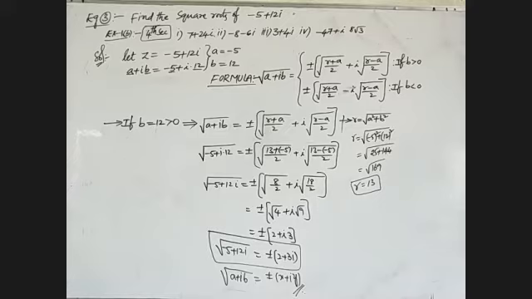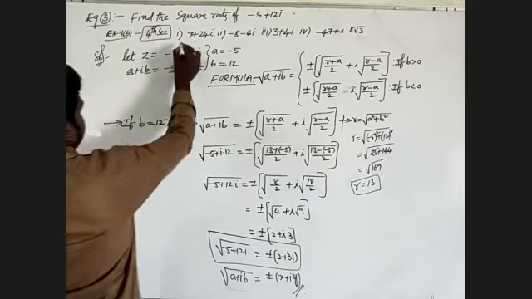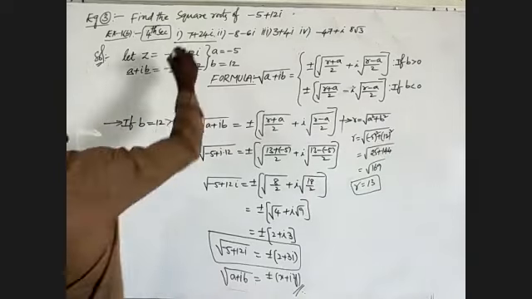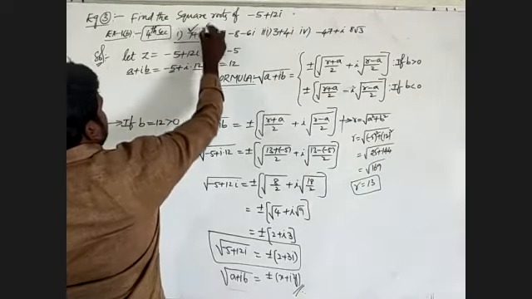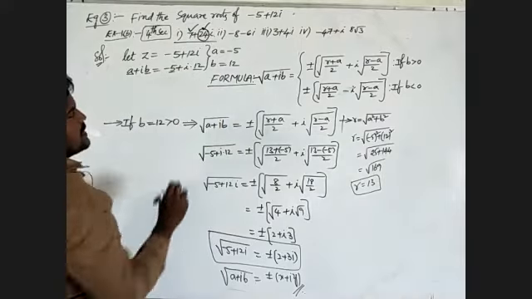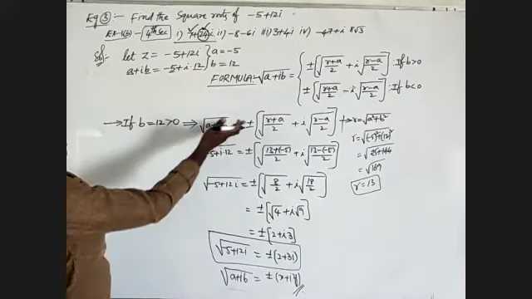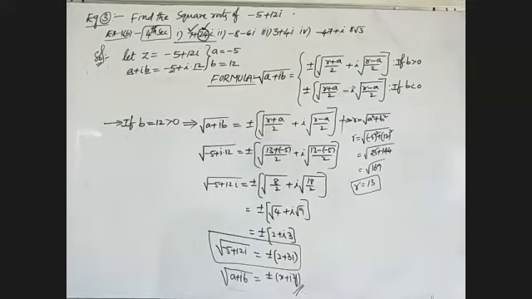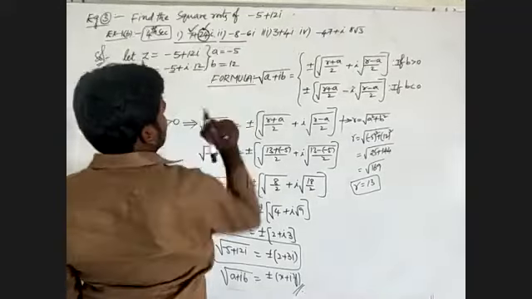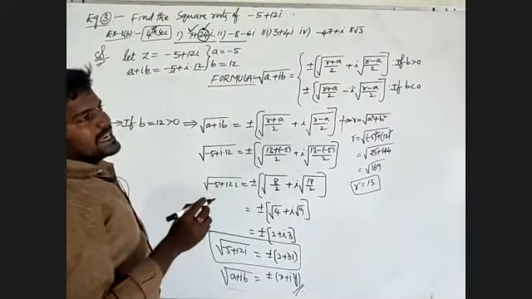Okay, we will observe in the first one, 7 plus 24i, where A is 7, B is 24. 24 is a positive number, means B is greater than 0. We'll use this formula. Now I am going to the second one, which is minus 8 minus 6i.